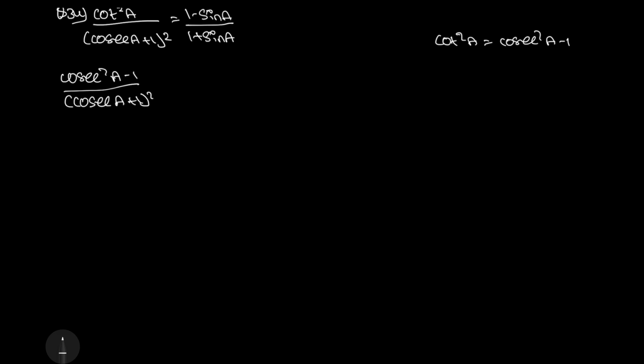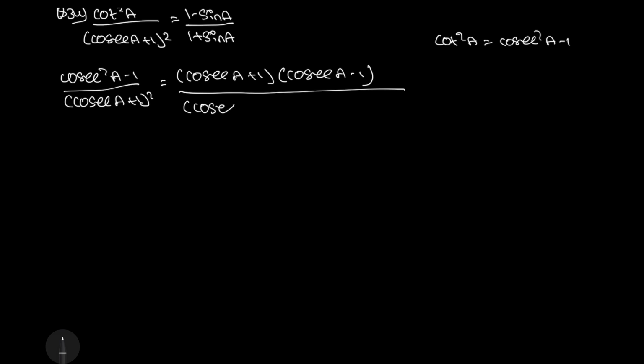And here the numerator is in the form of a square minus b square, which can be expanded as a plus b into a minus b. And here it is a plus b whole square, which can be written as a plus b into a plus b. So I'll divide that into two different factors.